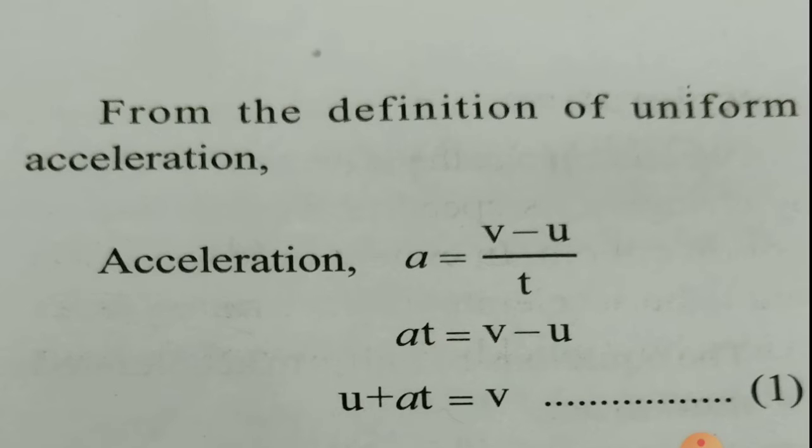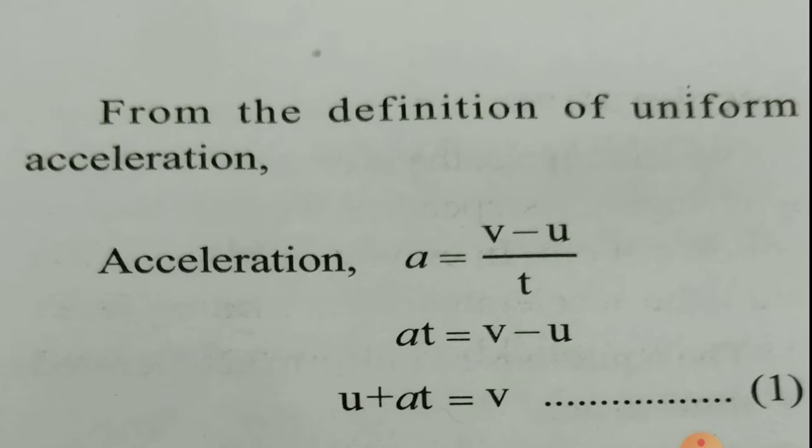For the derivation, in the last class we discussed acceleration is equal to the change of velocity by time, and U is the initial velocity, V is the final velocity, and T is the time taken.